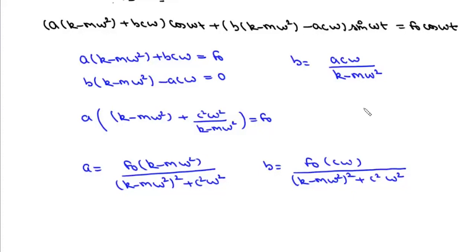If we take the square root of k by m as omega naught, which is the natural frequency of the system, then we can replace this k with m omega naught square.